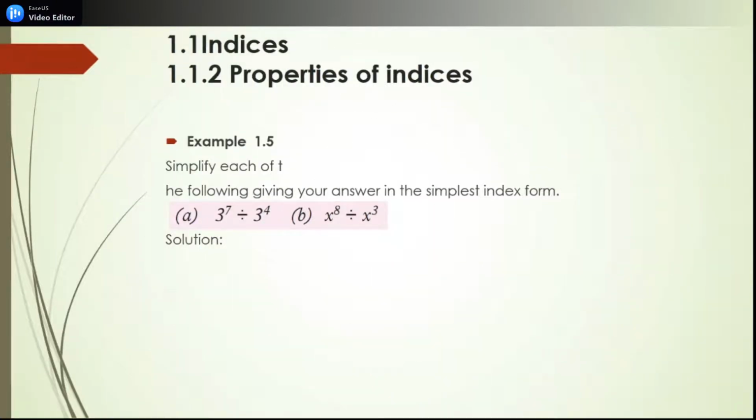Simplify each of the following, giving your answer in the simplest form. Here, this one is like writing 3 power 7 minus 4, which is equal to 3 power 3.